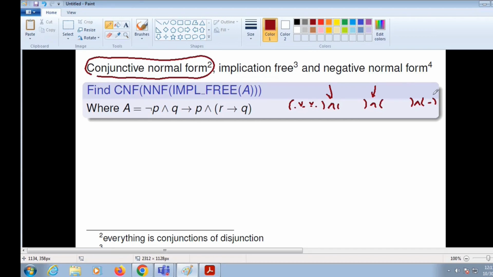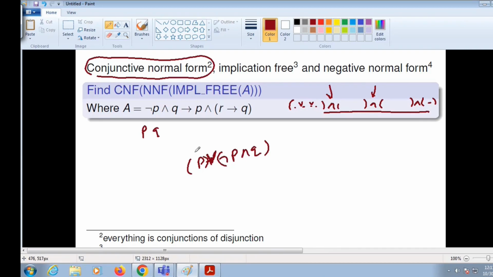For example, if my statement is P and Q, and I write P plus not P and Q, where whenever I write plus, you can think of it as OR. Is it in this particular form? The answer is no. How can I convert it to the conjunctive normal form?